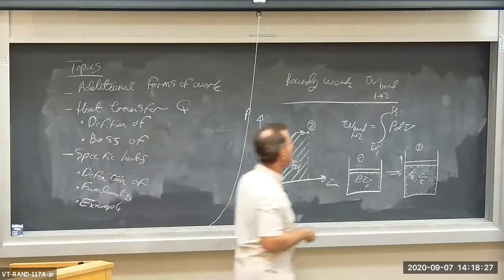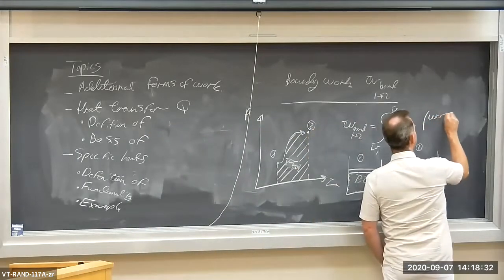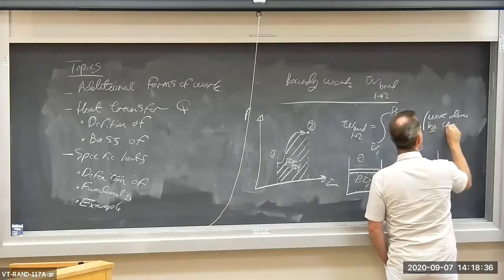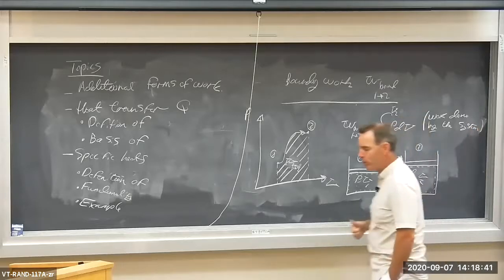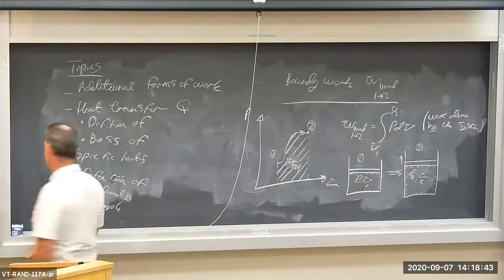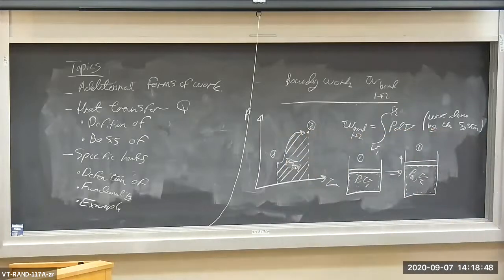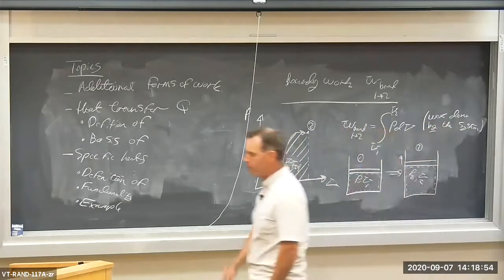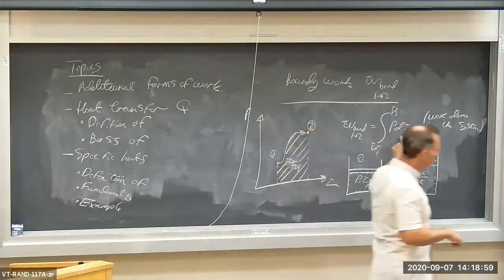So this quantity here, this integral here, is work done by the system. When the system does work, the integral of PdV is positive. If you do work on the system, so if I'm squeezing it down instead of letting it expand, I'm doing work on the system, then the volume change is negative, and this integral will be negative.